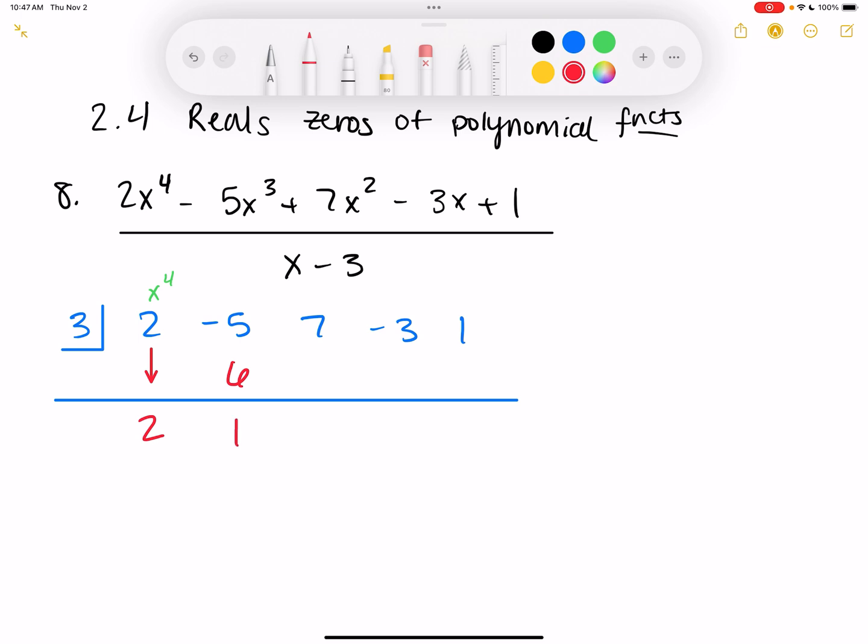Times 3 is 3. Add them together, so that's 10. Times 3 is 30. Combine these, so that ends up being 27. Times 3 is 81. Add those together, so that's 82. Whatever number gets left here at the end, this is the remainder.